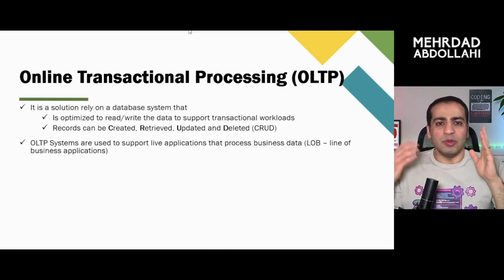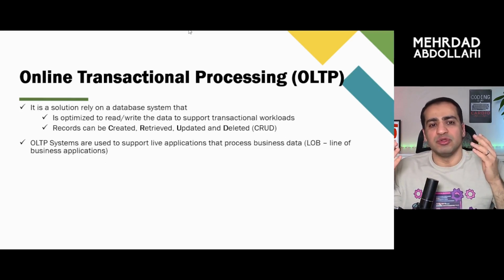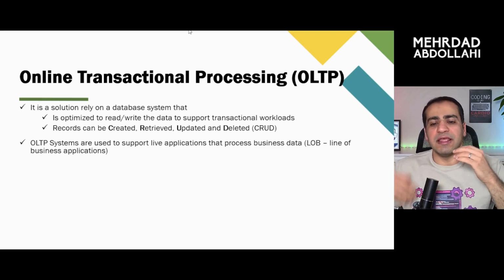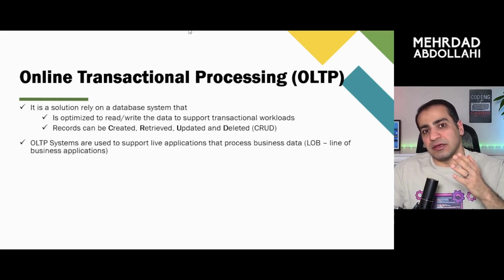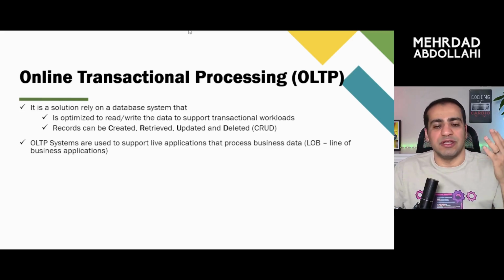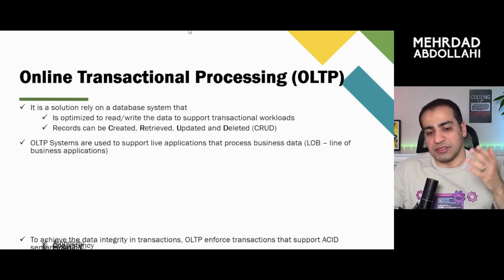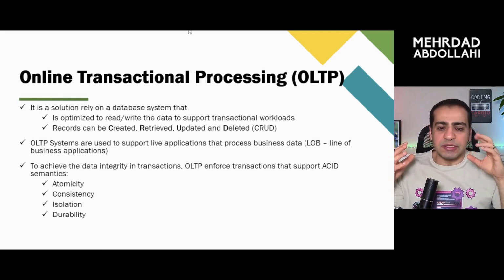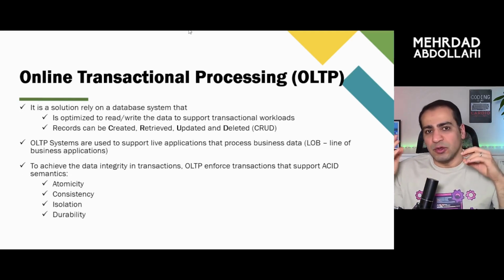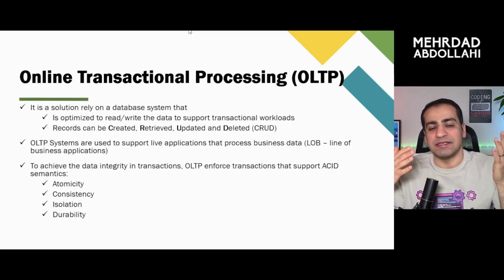OLTP systems support live applications that need transactional data for the business, in other words LOB, line of business applications. To achieve data integrity in transactions, OLTP enforces transactions to support ACID semantics.